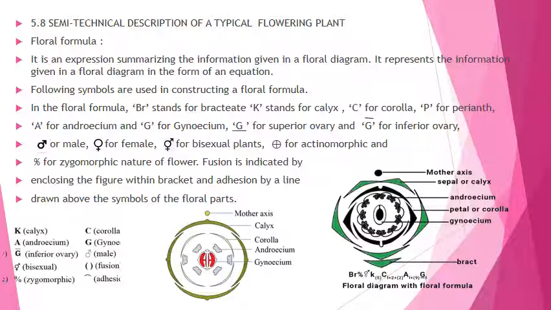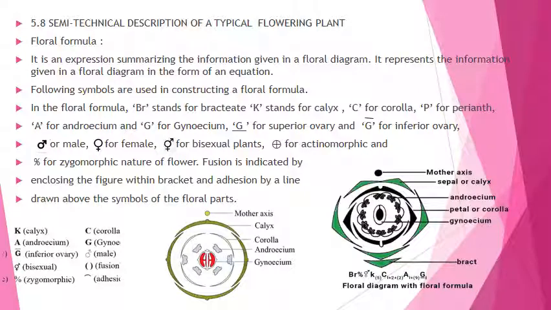position of other parts. All the parts of the flower are arranged in a very peculiar manner. Every flower has got its own peculiar design. That is called the arrangement of the floral parts. Why is it so?